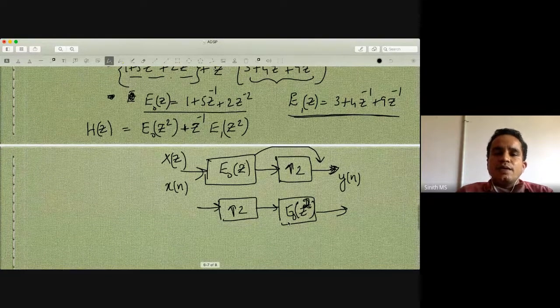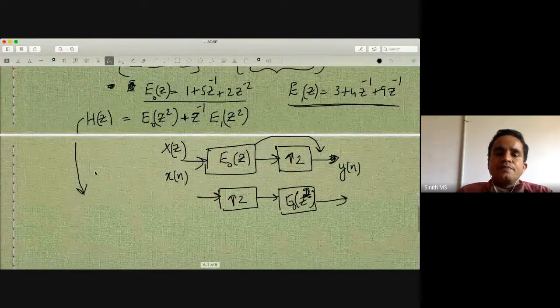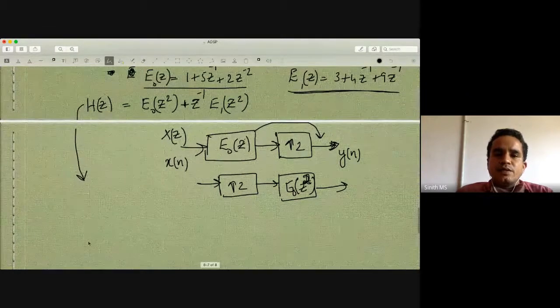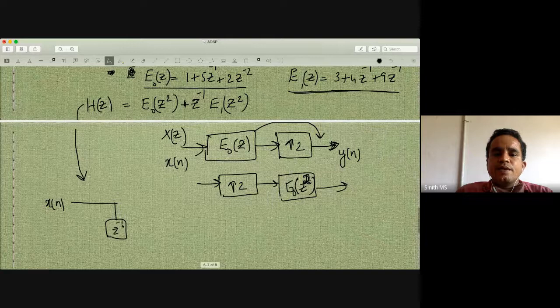So what I intend to tell is that to implement this filter, H(z) equal to E0(z square) plus z inverse E1(z square), you can implement it with your signal x[n] coming in, with a delay here.